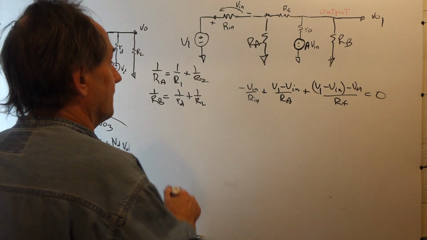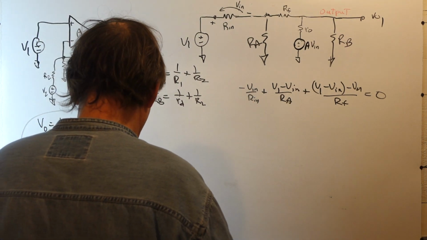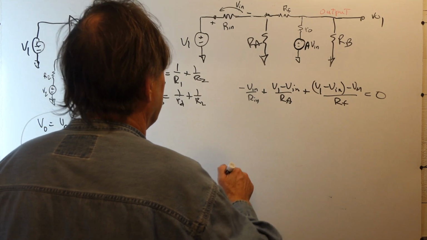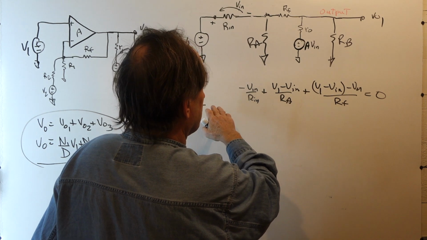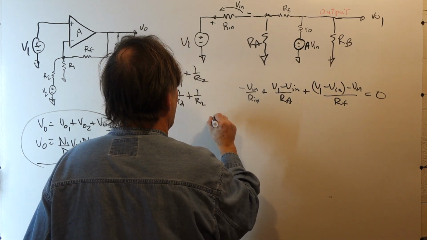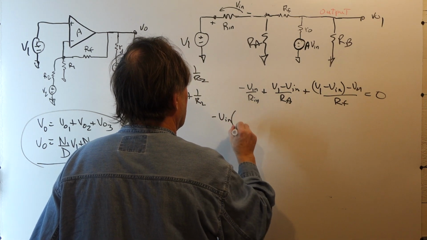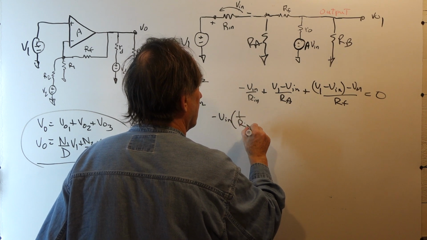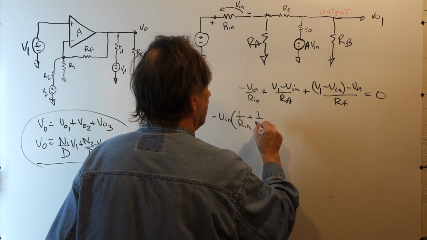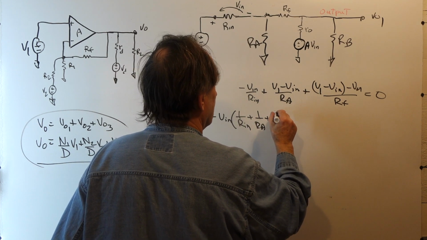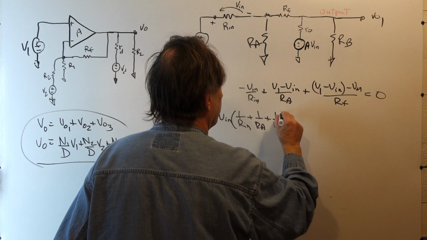Now, I'm going to multiply through by RF. Or first we'll group our terms. I'm going to write minus Vn. We have 1 over Rn plus 1 over RA plus 1 over RF.